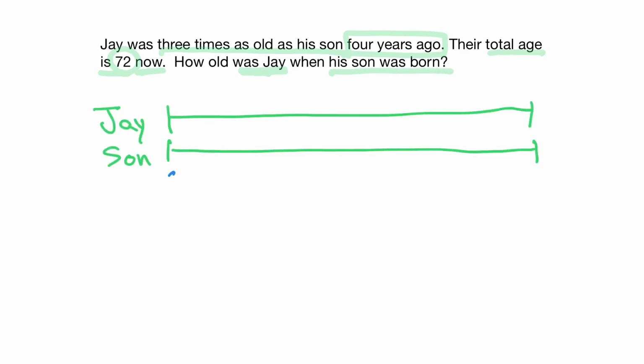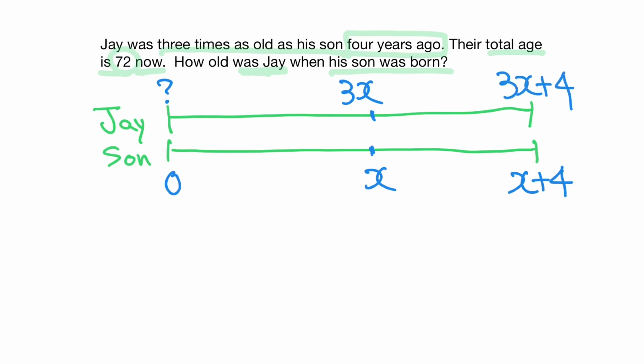Let the age of his son 4 years ago be x. Four years ago, his son was x, J was 3x. Now his son is x plus 4 years old. J is 3x plus 4 years old.